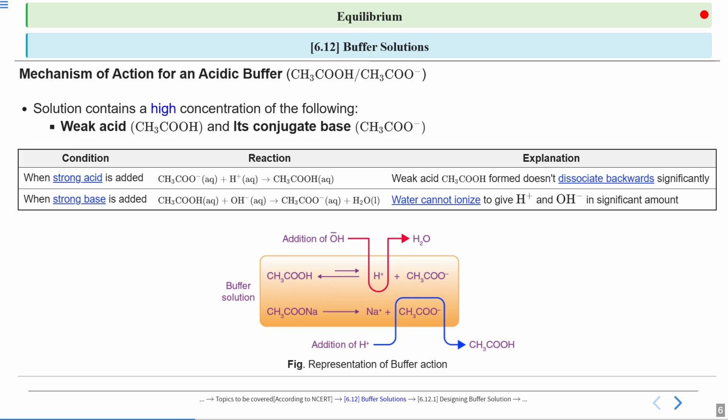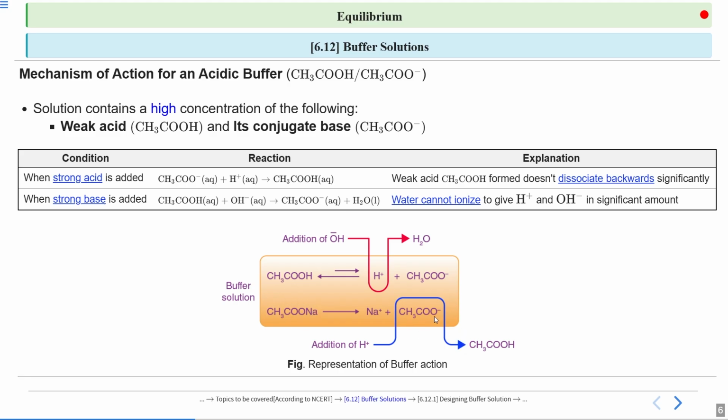Yes. See, we have the addition of OH minus in the first case. Here, the OH minus is taking up the H plus from the acetic acid to make the H2O and releasing the acetate ion. This H2O will not dissociate back to give the H plus and OH minus in significant amount. Similarly, the acid which you are adding is being taken up by the salt part, which is acetate ion, to produce the acetic acid.